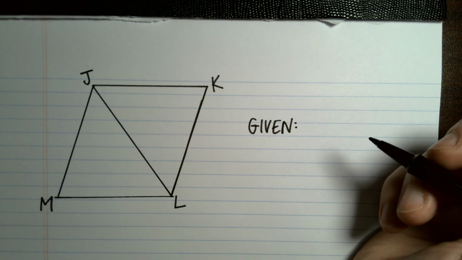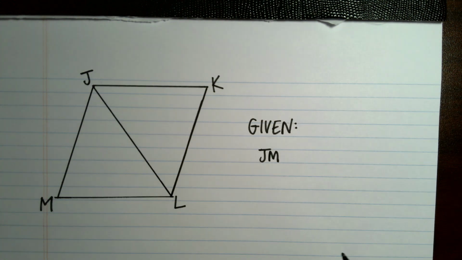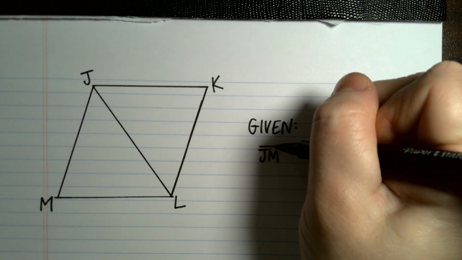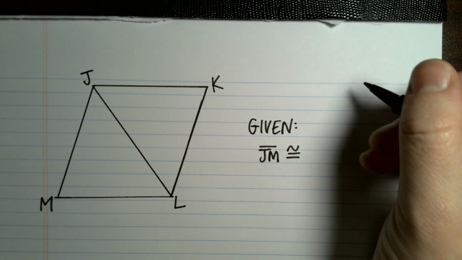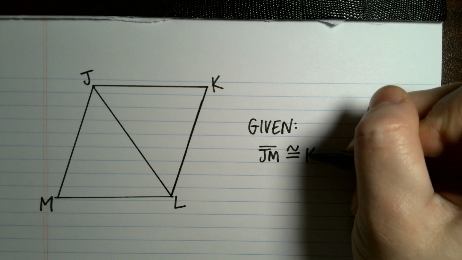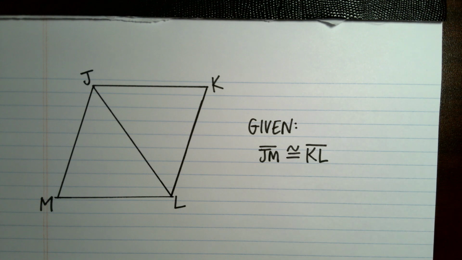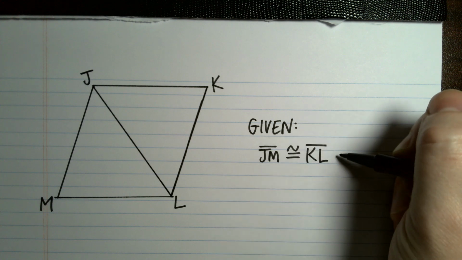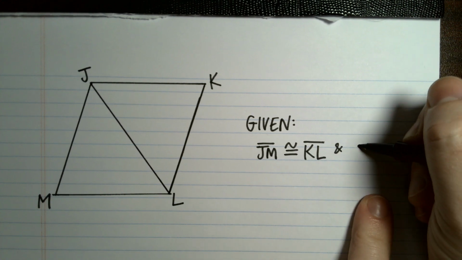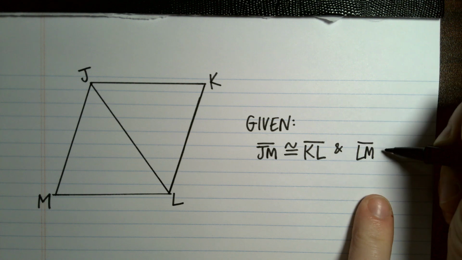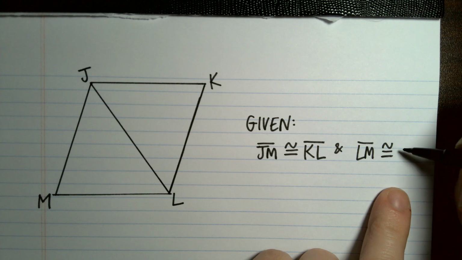We are given that JM is congruent to KL. And we are given LM is congruent to JK.